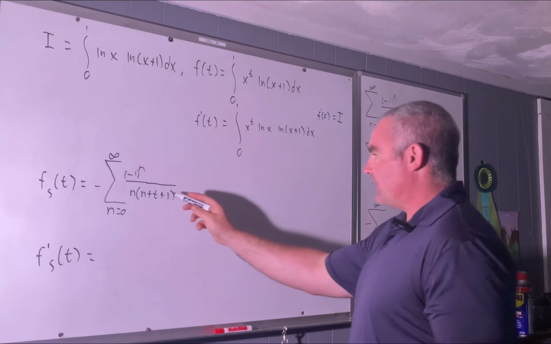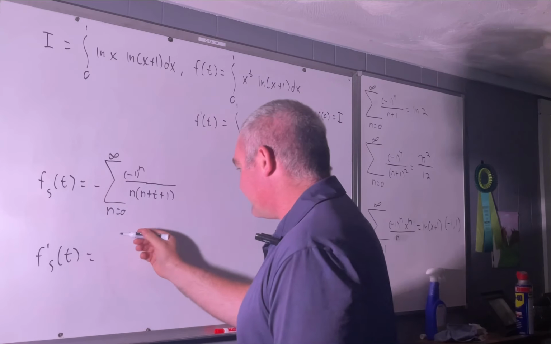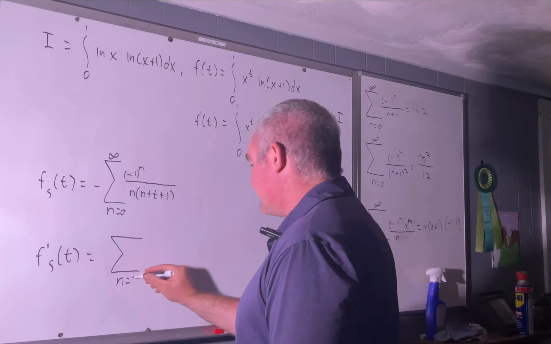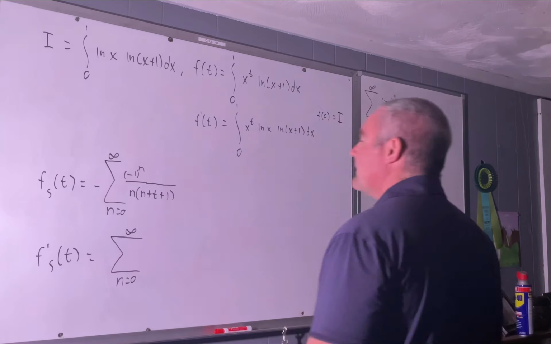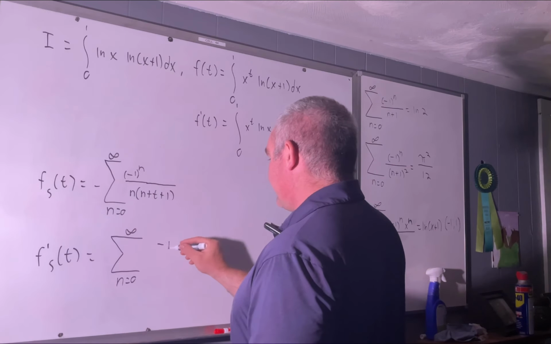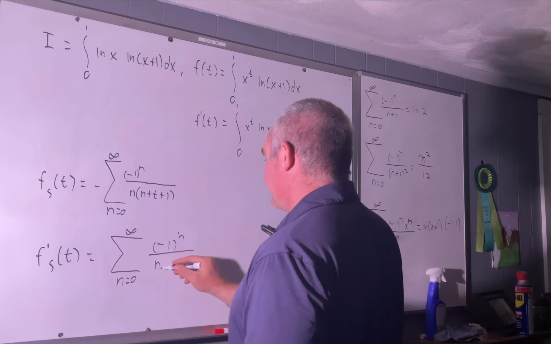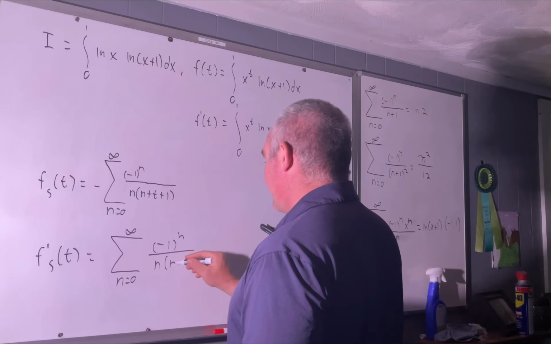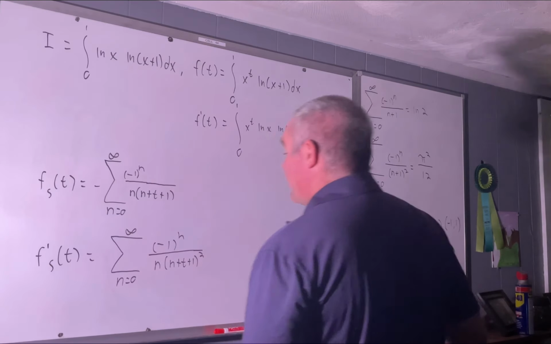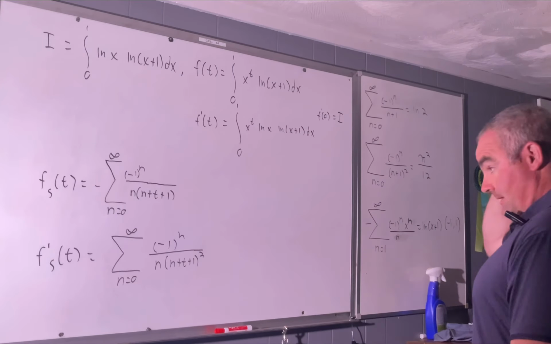Taking its derivative with respect to t will give us a negative sign, canceling with that negative sign. So we'll still have the sum as n goes from 0 to infinity. We got rid of the negative sign. We'll still have this negative 1 to the n, but this will be now over n times n plus t plus 1 all squared.